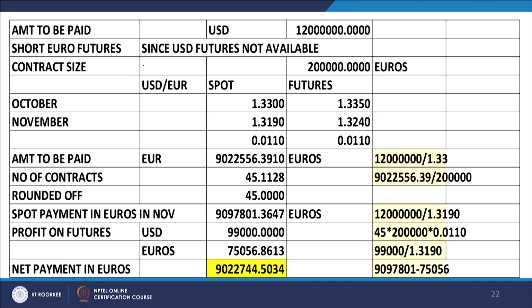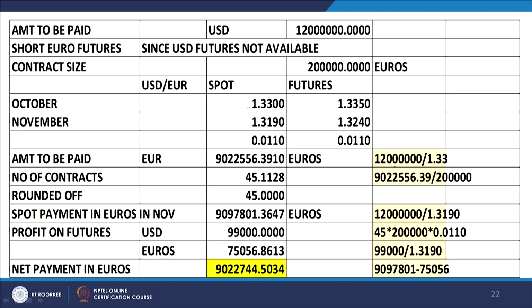The amount to be paid, as on 15th October, is the US dollars divided by the spot rate in US dollars per euro, which gives you the amount to be paid in euros.